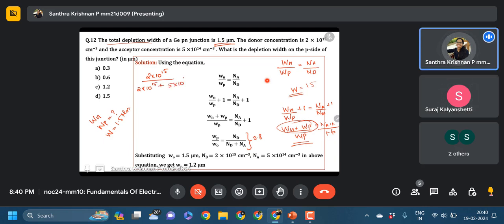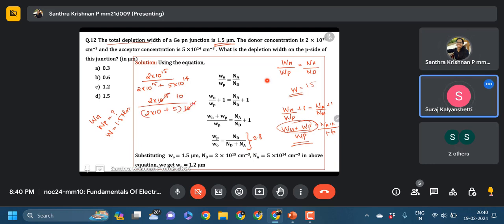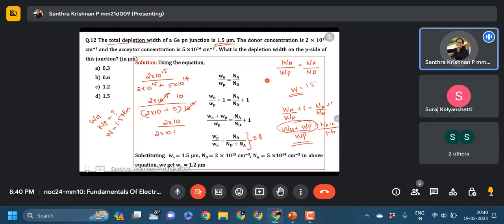It's a ratio, right? You have taken 10 to the power 14 as common. 2 into 10 to the power 15 by 2 into 10 to the power 15 plus 5 into 10 to the power 14. So 2 into 10 by 2 into 10 plus 5. It's 20 by 25.